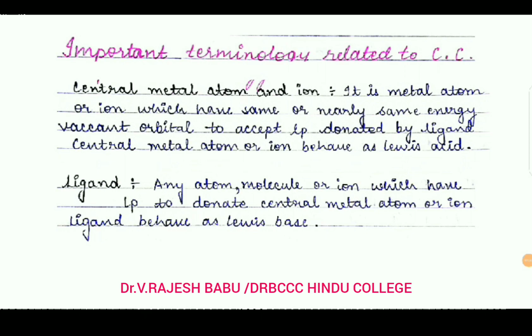A ligand is any atom, molecule or ion which has a lone pair to donate to the central metal atom or ion, and it behaves as a Lewis base. So the metal that accepts the lone pair of electrons acts as a Lewis acid, and the species that donates the pair of electrons acts as a Lewis base. Right?